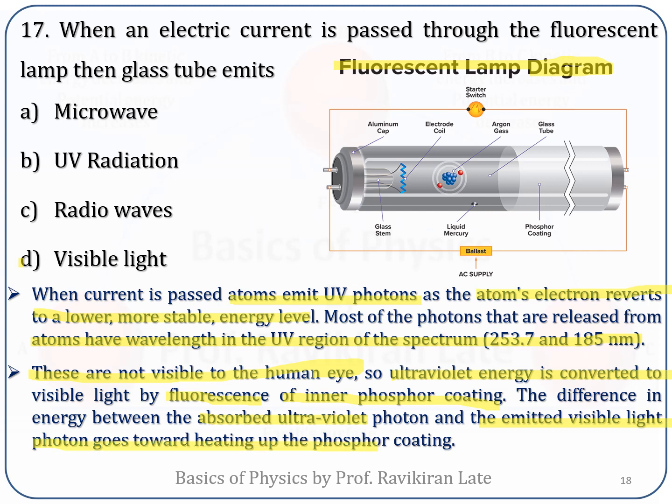That is the main principle behind this. So though the fluorescent lamp emits white light, when an electric current is passed through it, it emits ultraviolet radiation. So the correct answer for this question is option B.